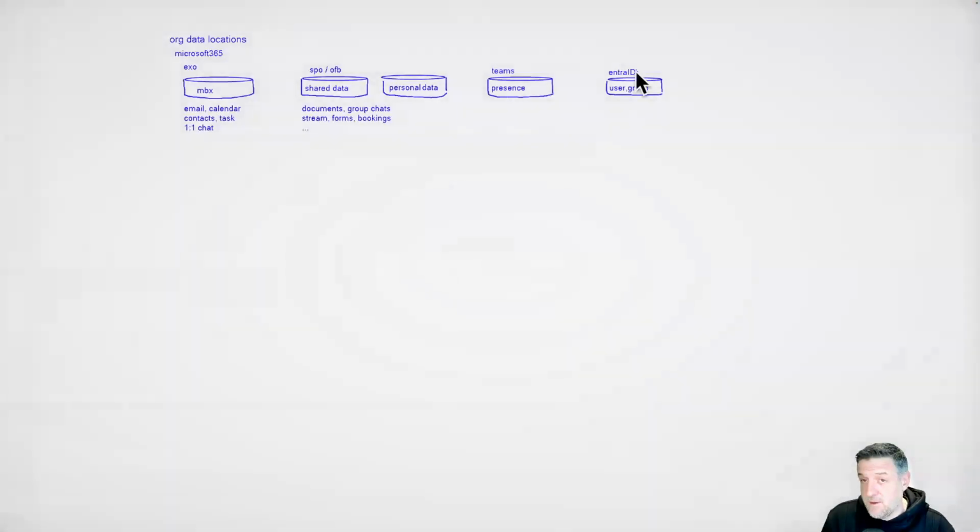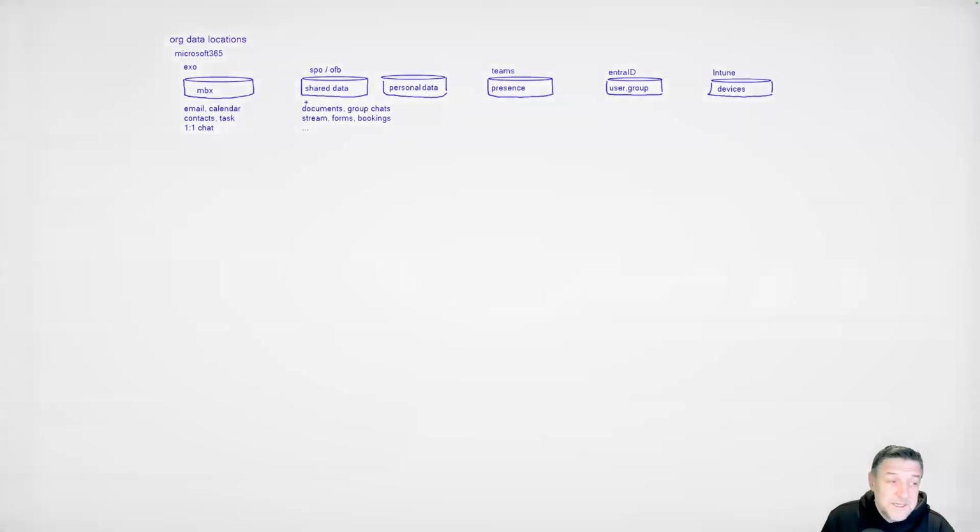So we have organizational data about people, and if we think about organizational data about devices, you can also use something called Microsoft Intune, which is also here to store data about the devices.